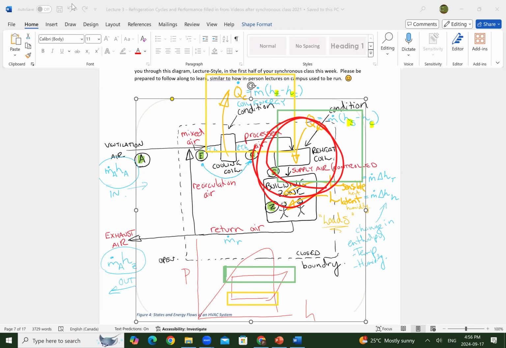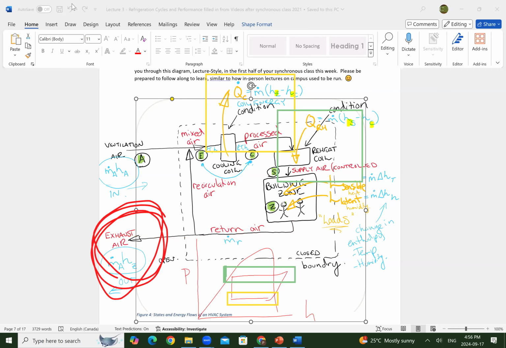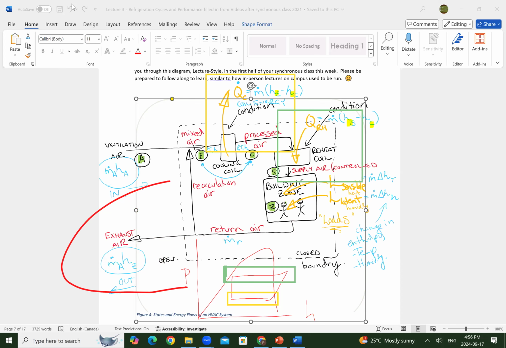Then it's going to lose some enthalpy in relation to the fluid flow as it gives some energy to the room. Then it is going to gain some enthalpy because of sensible heat, hot people. It's going to gain some energy because of latent heat, moist people. And then it's going to dissipate some of that energy by wasting it in exhaust. And that would be our first law energy balance that we can describe on a pH curve.